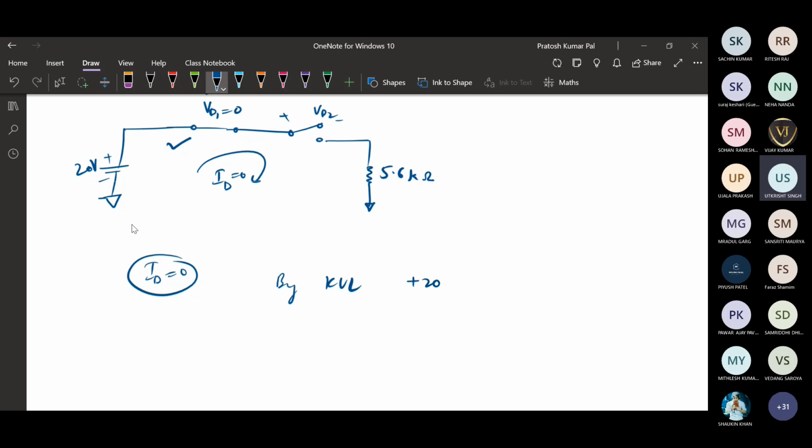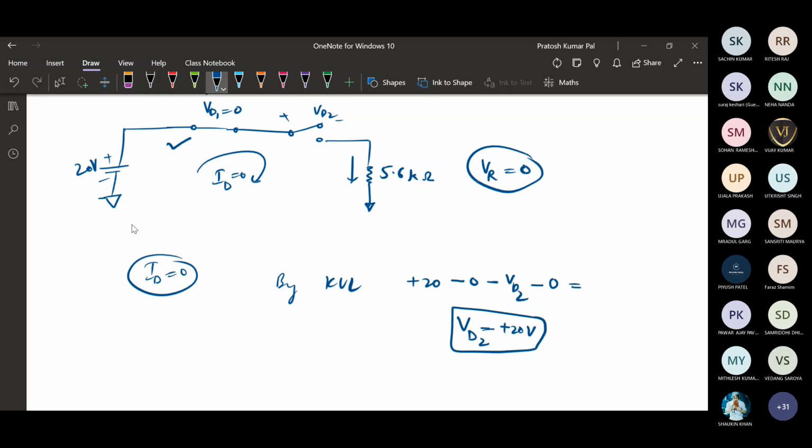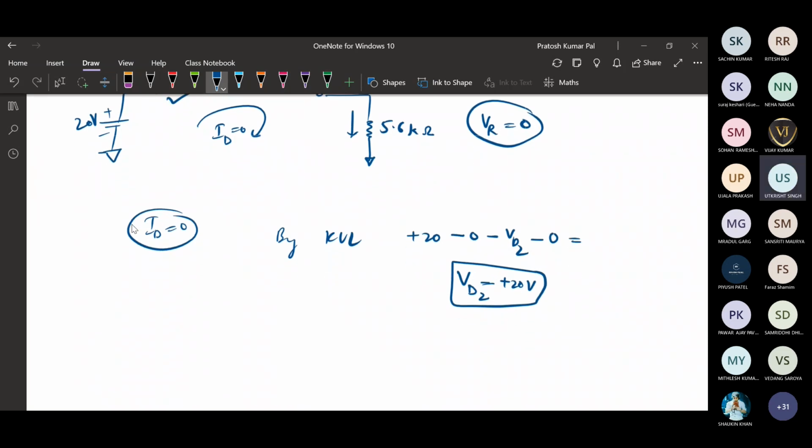We get plus 20 minus 0, minus VD2, and minus the voltage drop across the resistor, which will again be 0 because there will be 0 current flowing through it. So the voltage drop across the resistor will be 0. That means the VD2 voltage will be equal to plus 20 volt. So the voltage drop across diode 2 will be plus 20 volt, and the voltage drop across diode 1 will be 0 volt.